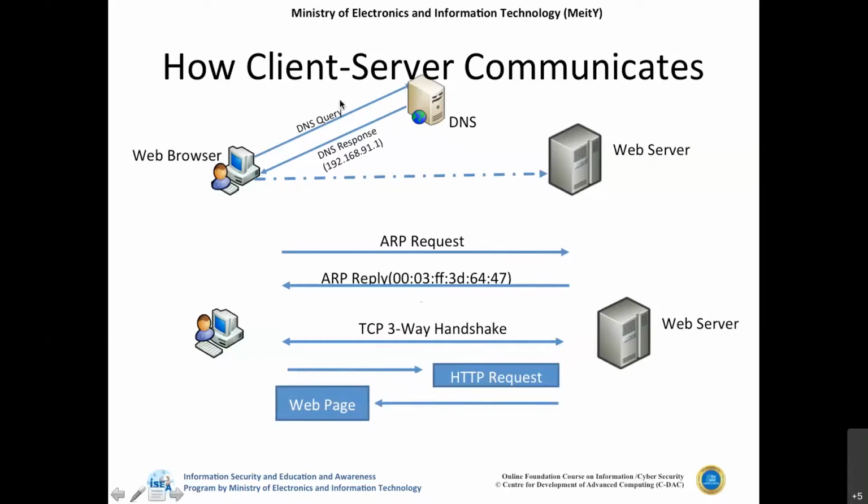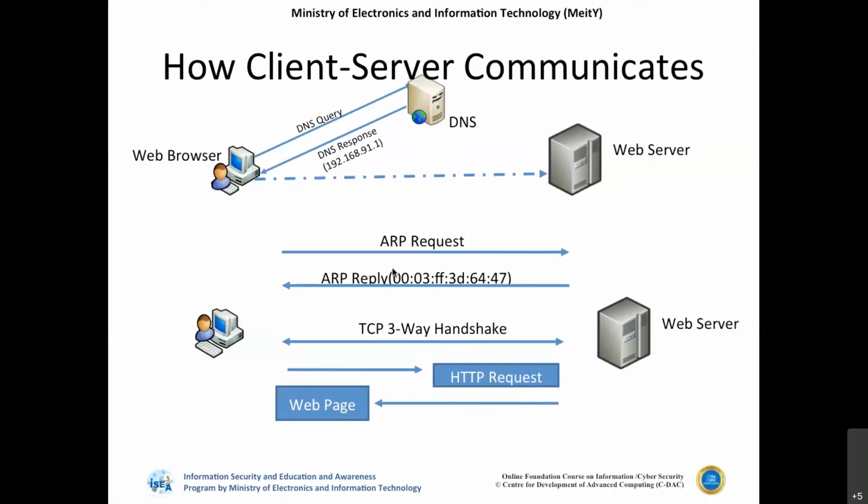If you already know the IP address, because you maintain a DNS cache in your machine itself, there is no need to go for a DNS query. Even if that address is not in your local machine, you can definitely reach the DNS and get an IP address to access. But to access a page between you and your website, there should be another process of knowing whether you are part of the local network or not.